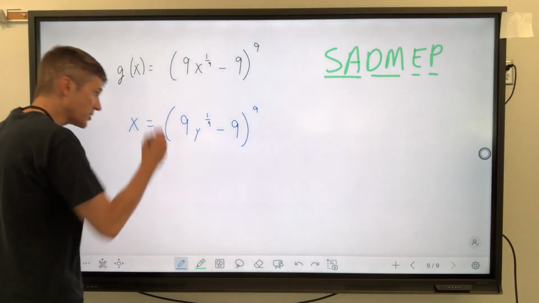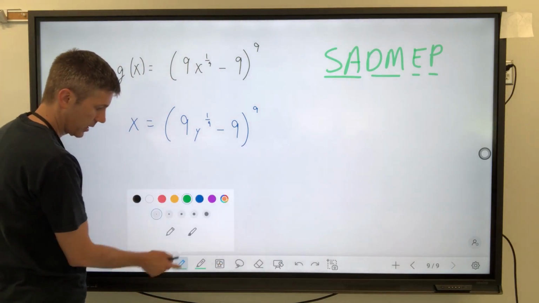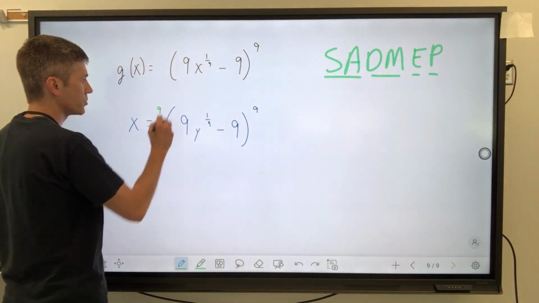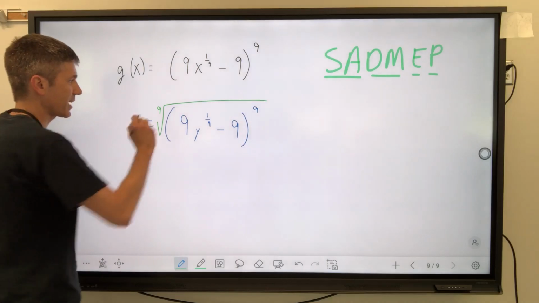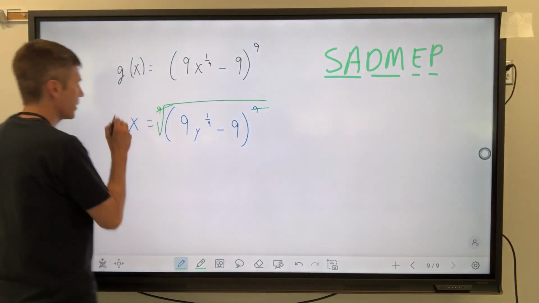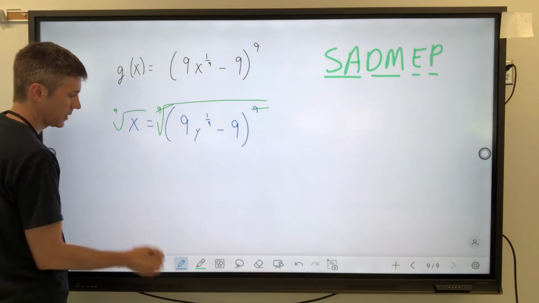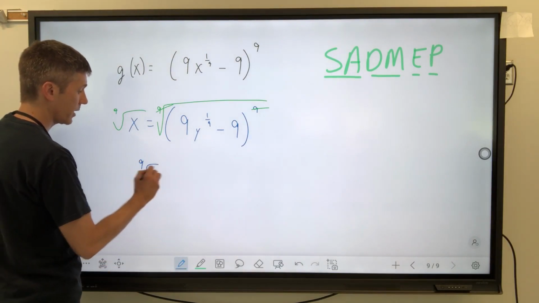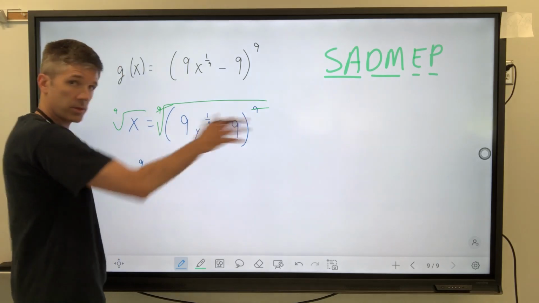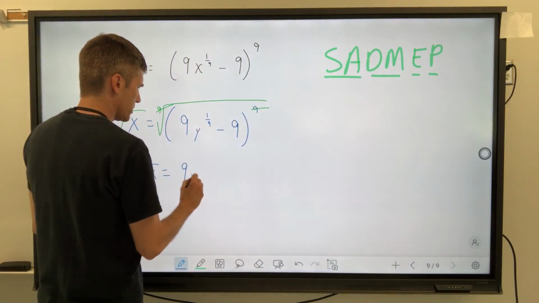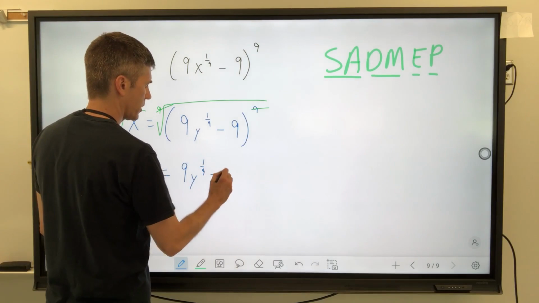Okay, so let's switch to green. I'm going to take a 9th root of this entire side. That's going to cancel a 9th root with the 9th power and the 9th root of this side. And that gives me, next step, the 9th root of x equal to, okay, everything that's left over, which is 9y to the 1/9 minus 9.